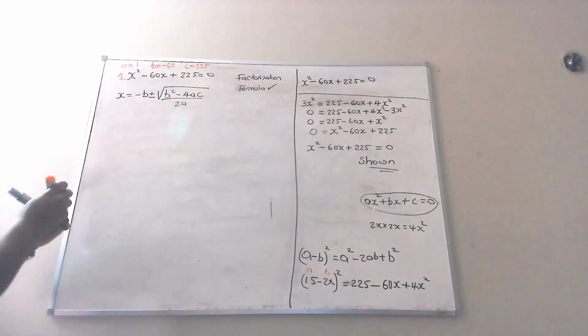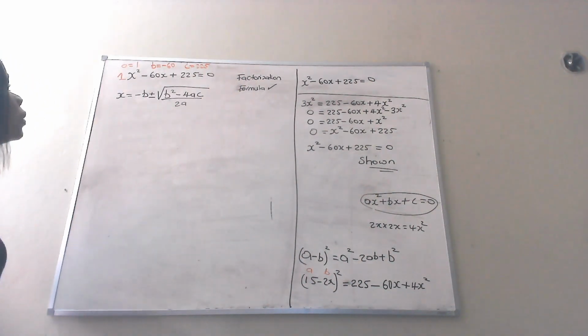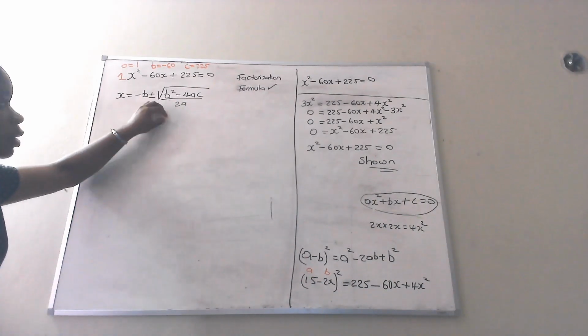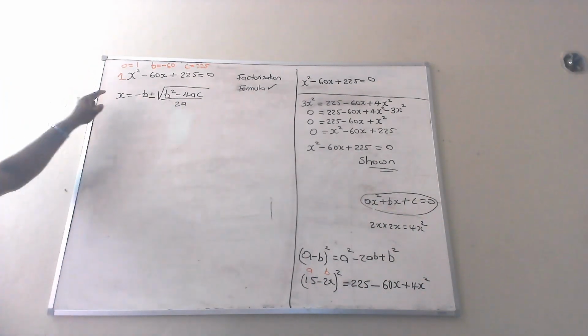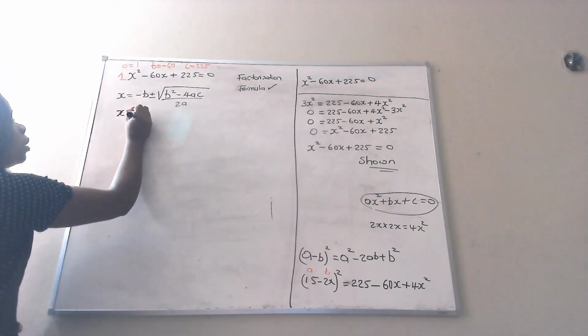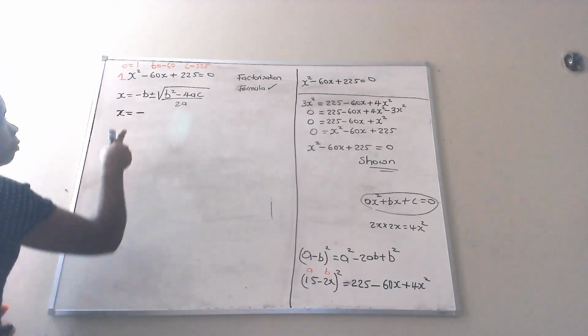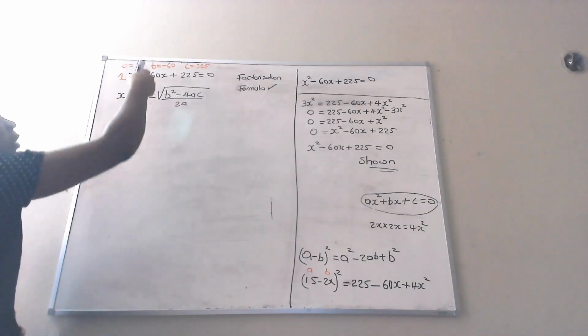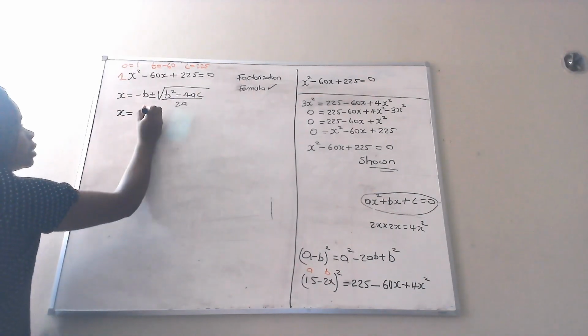So we're going to plug in these values into this equation to solve for x. So let's go. X is equal to minus b. What is b? B is minus 60.